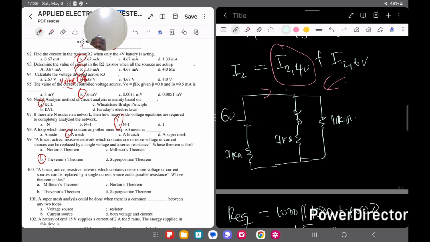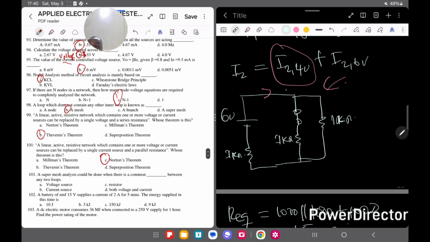When it comes to Norton's theorem, you have a complex network that you can replace by Norton's equivalent circuit, which consists of a single source in parallel with a resistor. So the answer here is C, Norton's theorem.